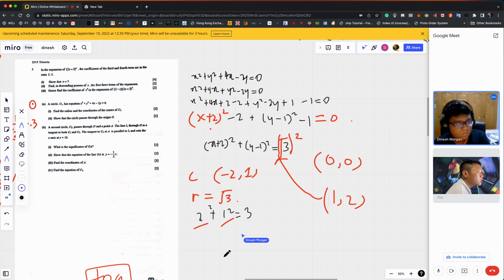Interesting. Okay, first thing first, did you write the thing down correctly or not? Completing the square, 4x, here 4 minus 4.